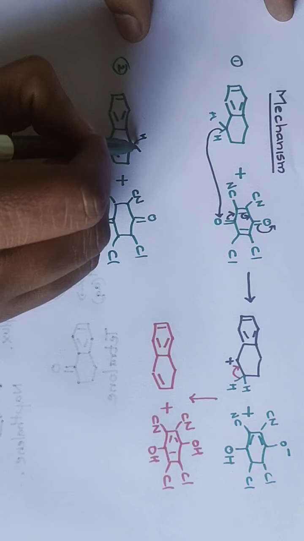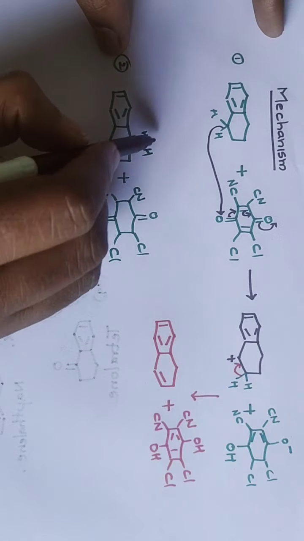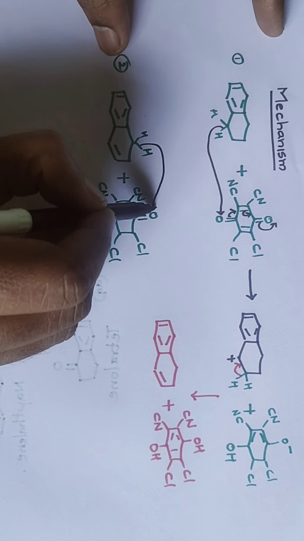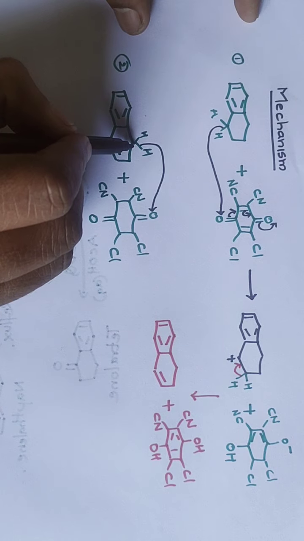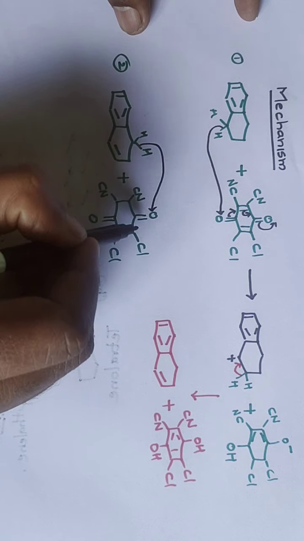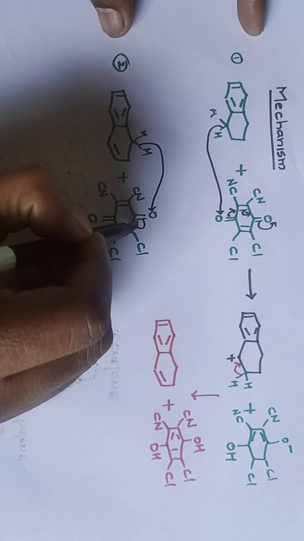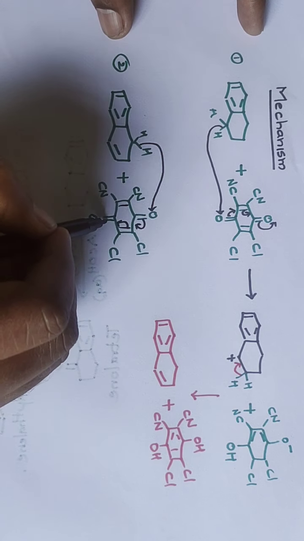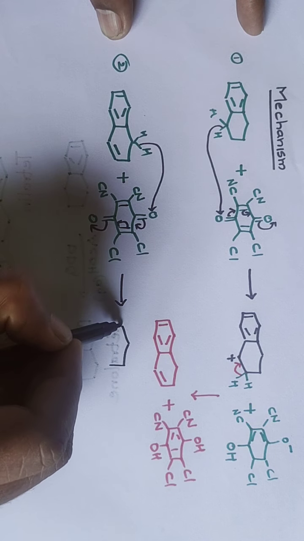Here there will be hydrogens, and here also there are two hydrogens. So a hydride shift takes place, and this carbon will carry a positive charge. Then a new bond is formed. There is already a double bond here in the hydroquinone, so this shifts here, this shifts here, and this will shift here, resulting in the formation of this.